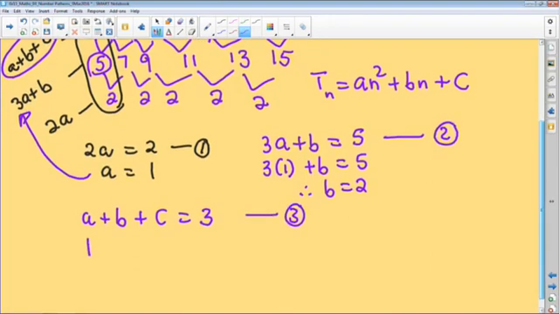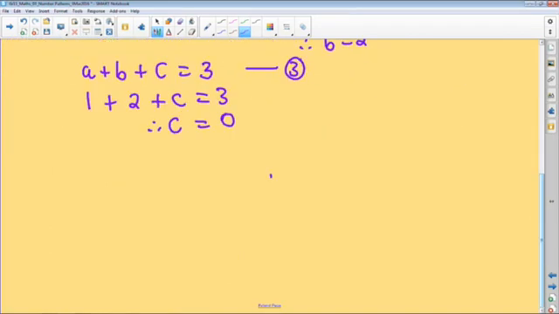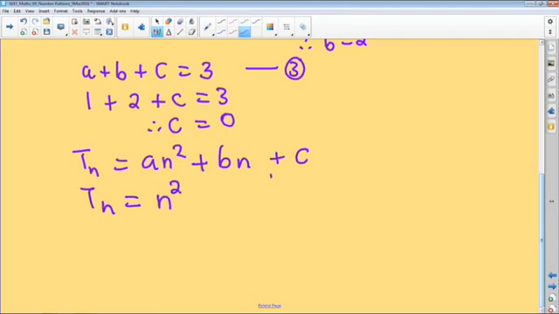Your a is 1, plus your b is 2, plus your c is 3. So it means that we've got c equals 0, right? So in other words, you have your Tn equals an squared plus bn plus c. We worked out what a is, that was 1, so that's 1n squared, and then our b is 2, and then your c is 0.